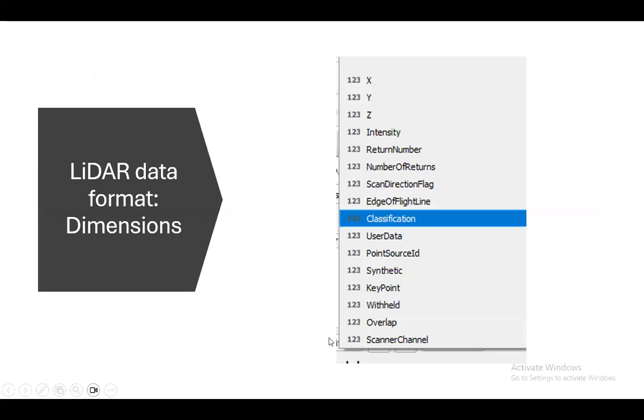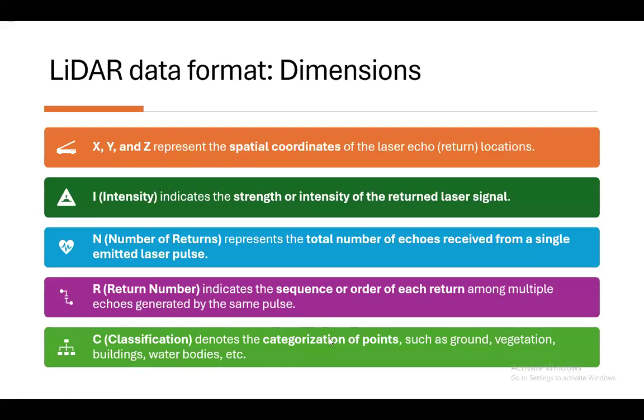Does a civil structure like a tunnel or bridge come in as part of building? Yeah, it will come under building or man-made structure. The code for this particular object will be 6. So there is a standard code. Building, or any man-made structure like a tunnel, is coded as number 6.